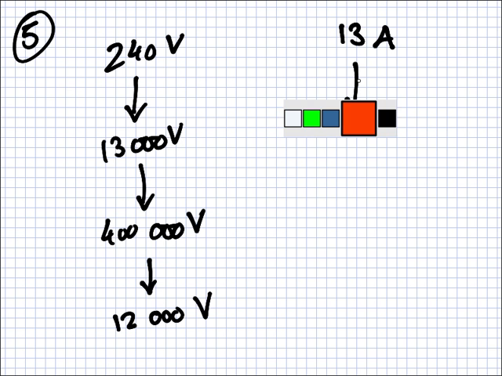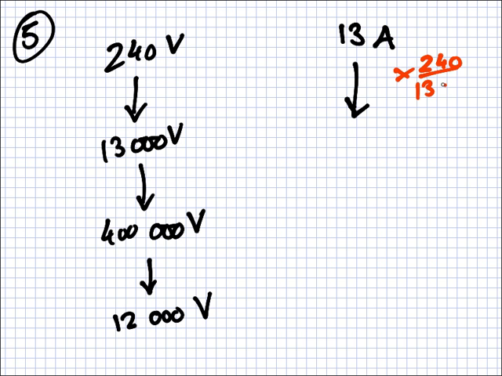So look, I'll give you the quick way of doing this. The voltage is bigger here, correct? If it's 100% efficient, then what should happen to the current? Should it be bigger or smaller? What do you think? So the voltage became bigger. What do you think happened to the current? Smaller. In fact, it's proportional. So the quickest way to do this is just to multiply by 240 over 13,000.